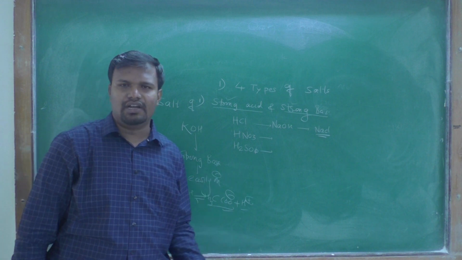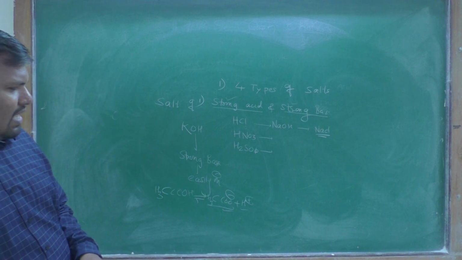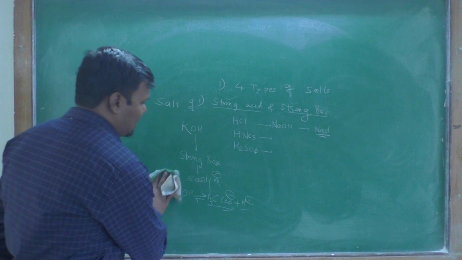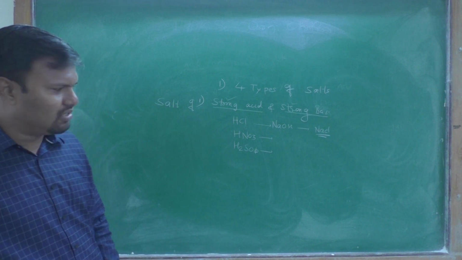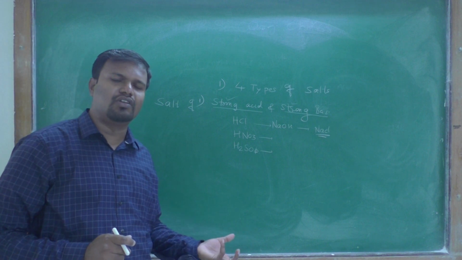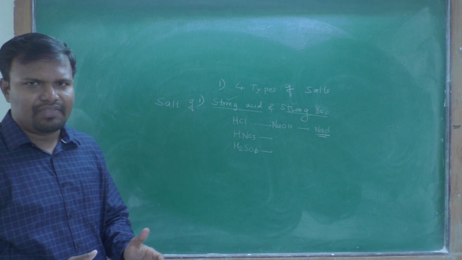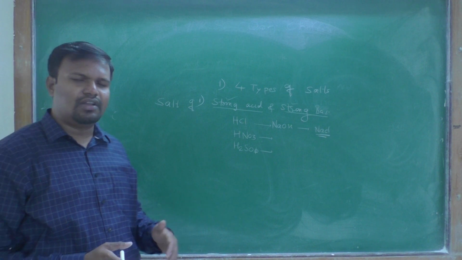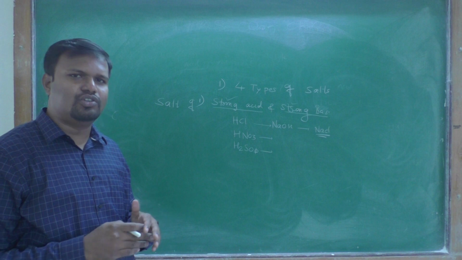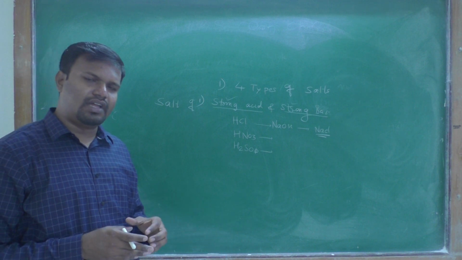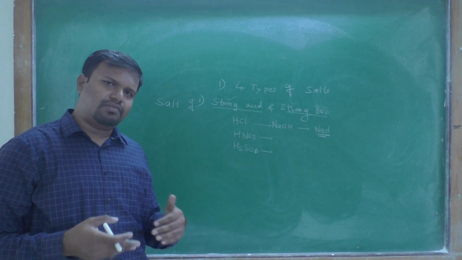We have studied the types of electrolytes: weak electrolytes dissociate in less amount and strong electrolytes dissociate in more amount. Therefore weak acid means it dissociates in less quantity, strong acid means it dissociates in more quantity.